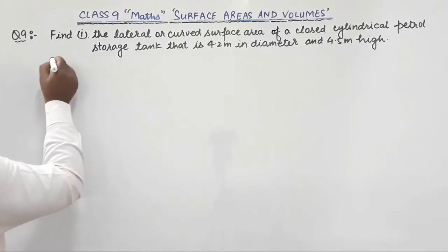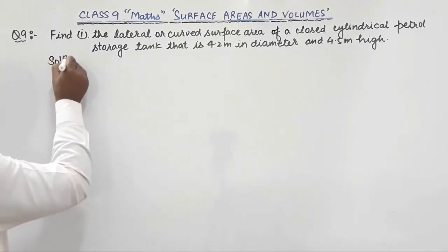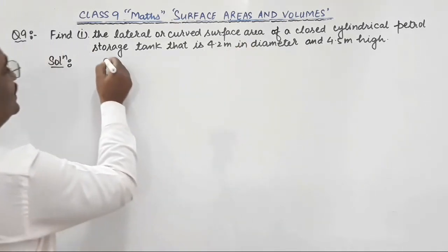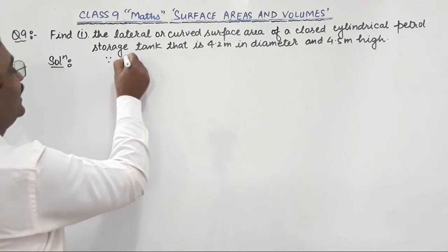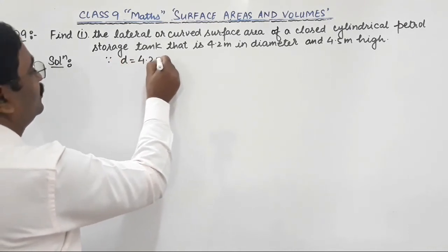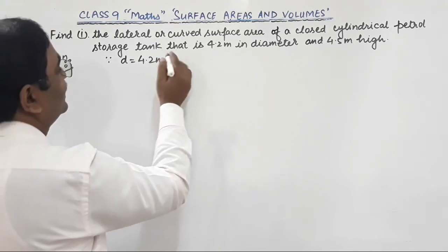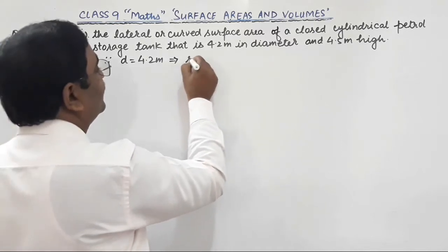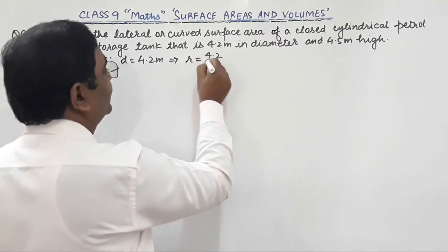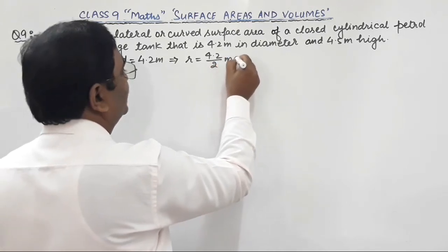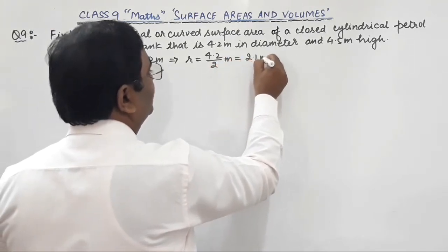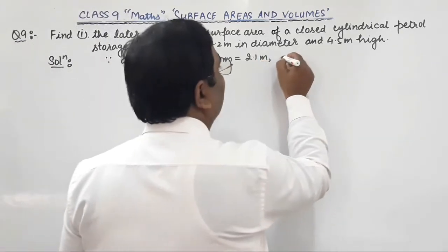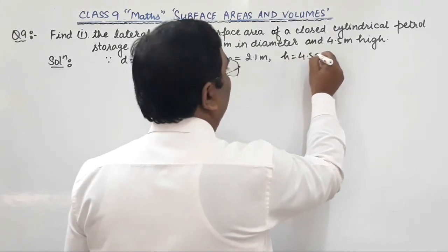So in the solution of this, as it is given 4.2 meter in diameter, since diameter of the tank is 4.2 meter, this implies that radius will be 4.2 divided by 2 meter, that is equal to 2.1 meter, and 4.5 meter height, h is equal to 4.5 meter.